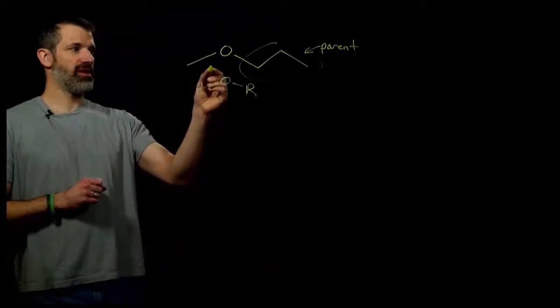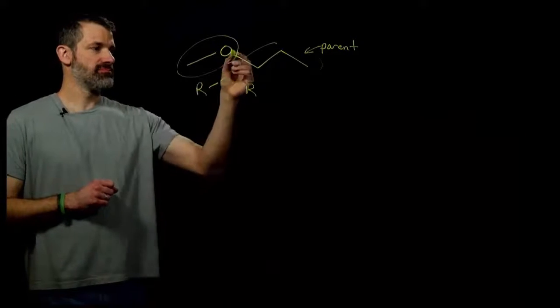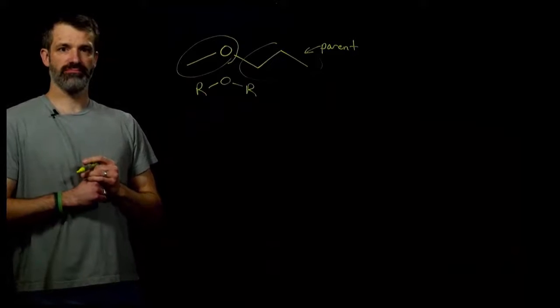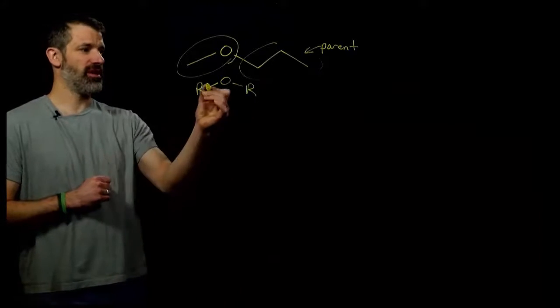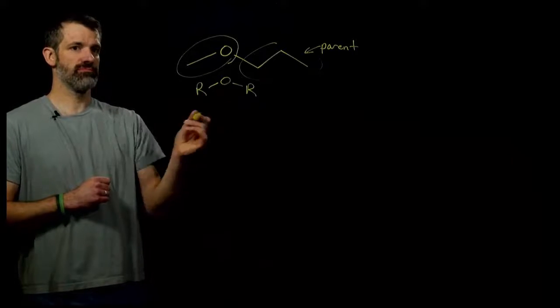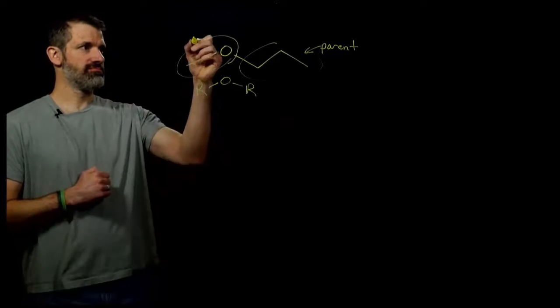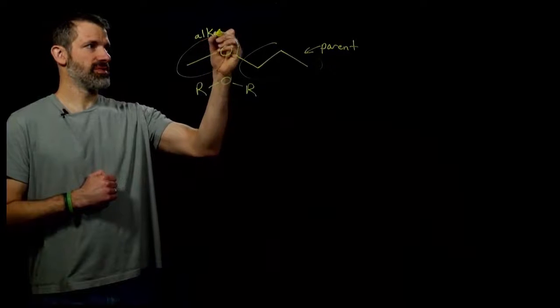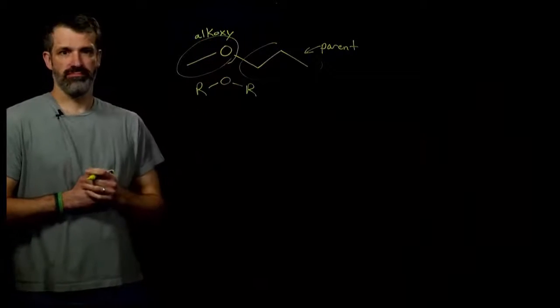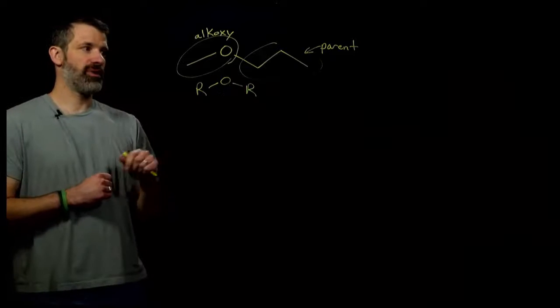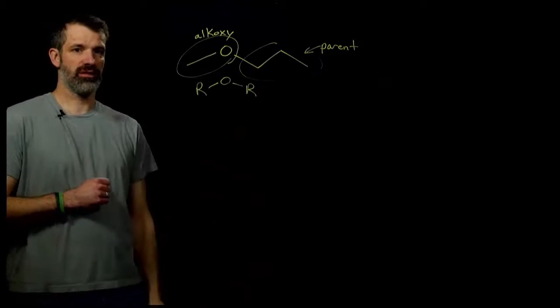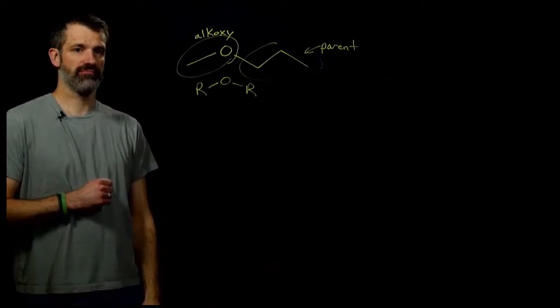And now you can think of the other portion of what's coming off here, the OR group. This alkoxy group is the substituent coming off of my longest continuous carbon chain.